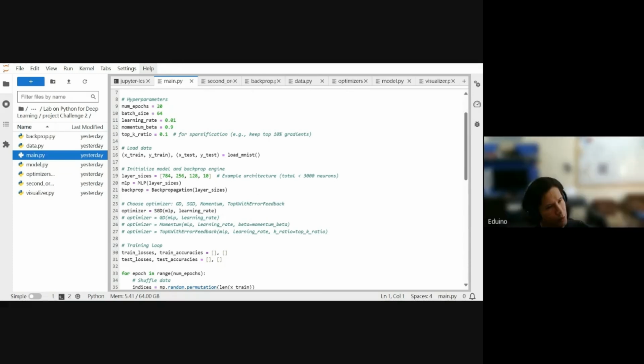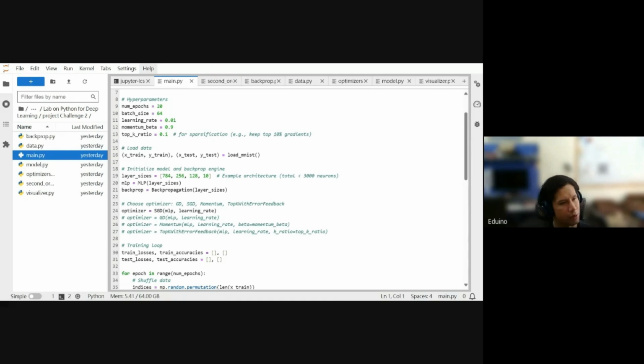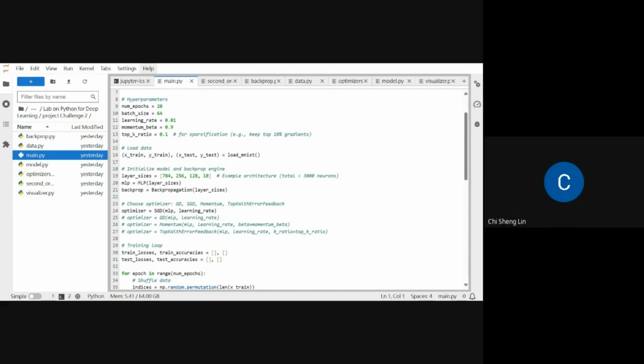Also, with stochastic gradient descent you have momentum, so you can also play around with the momentum. In addition, you also have the Adam optimizer, which uses both the first moment and the second moment to stabilize the training. You might want to also play around with that.